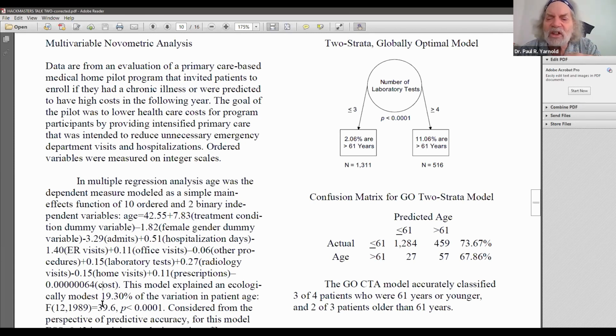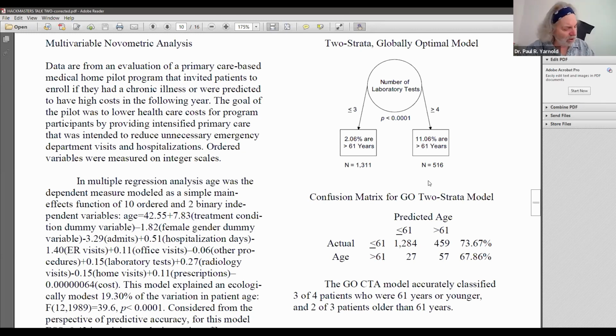So what this says is that if they have 3 or fewer laboratory tests, 2.1% are older than 61 years. And look at that N, nice big fat N. On the other hand, if the number of laboratory tests is 4 or bigger, 11.1% are there. So the ESS of this thing, I'll read it, is 41.5. It's a relatively strong effect.